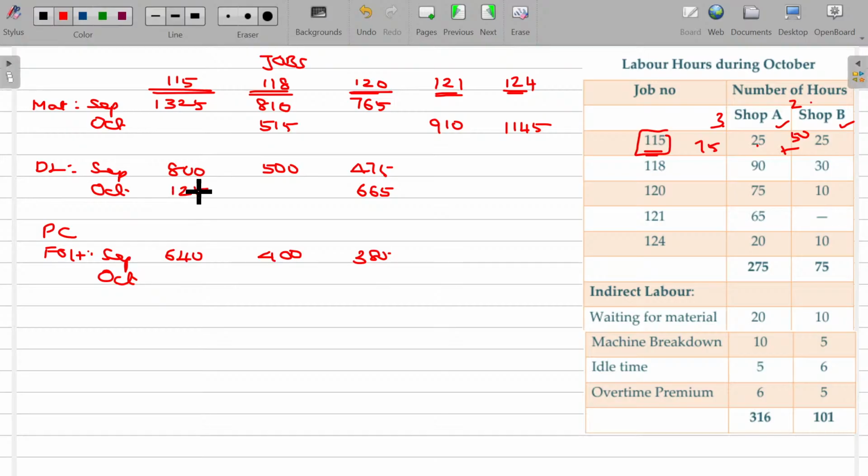For job number 118, if you multiply with 3, 270, here 60, total being 330. And for 120, 75 into 3, 225, 10 into 2, 20, 245 will be this value.